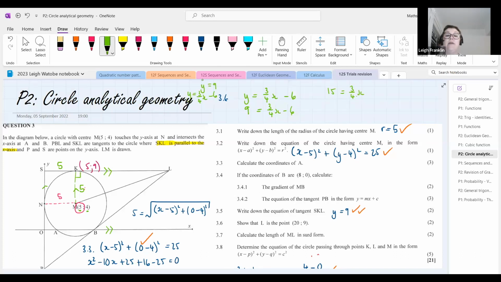And that would leave us with 60 equals 3x, so therefore x would be equal to 20. Therefore, the coordinates at L would be 20 and 9. Sorry, silly me. Okay, everybody happy with that? Sorry, I don't know why I was being so silly. I was thinking of all sorts of other things.